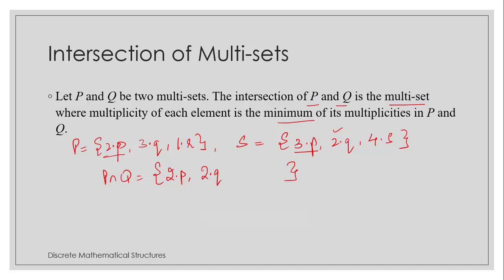Similarly, the minimum multiplicity of S is also 0. So this is our answer, 2 dot P, 2 dot Q.